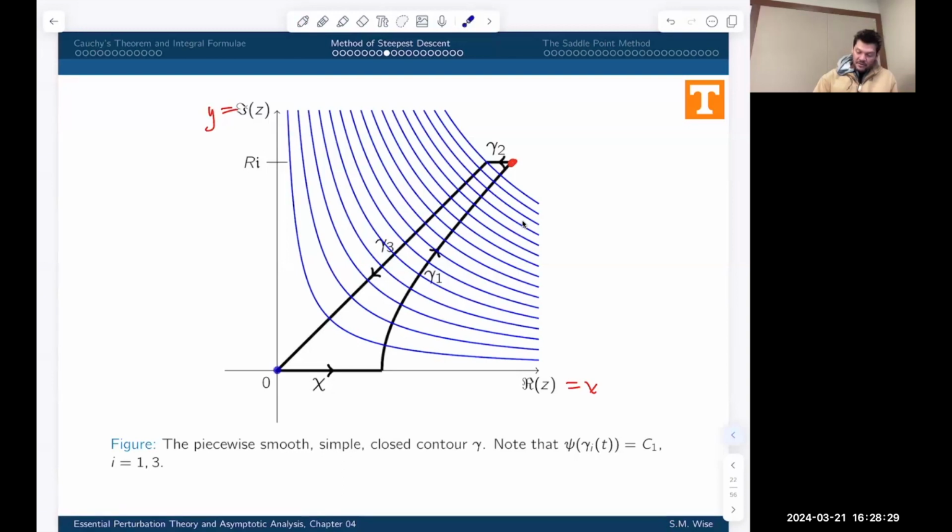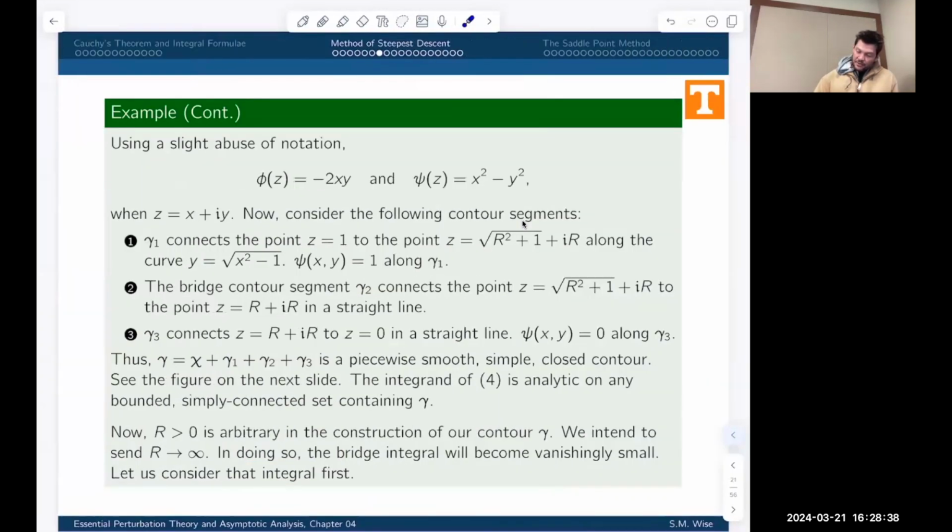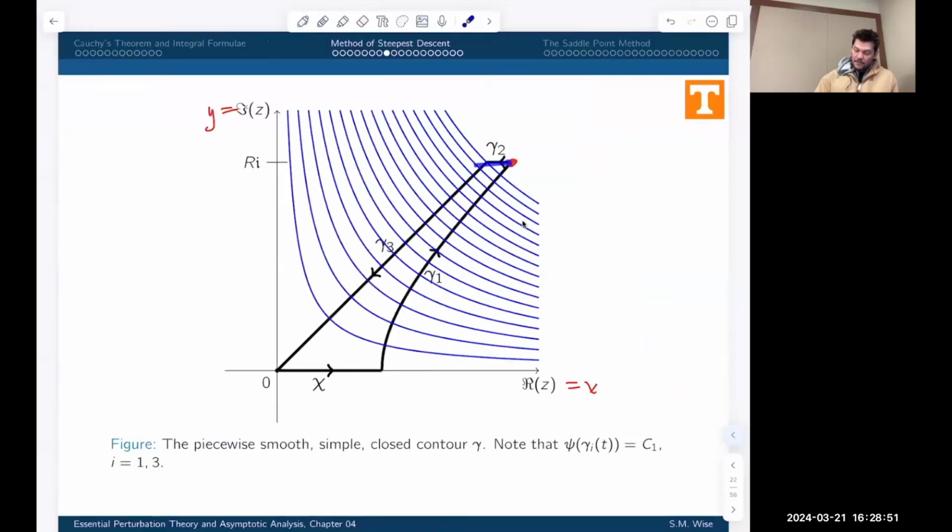It's just along this line where the slope is exactly equal to 1. So that bridge contour is going to connect z equals square root r squared plus 1 plus IR to this point, z equals r plus IR in a straight line segment. Straight line shot right there.